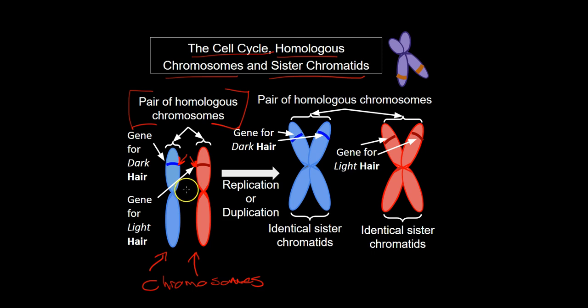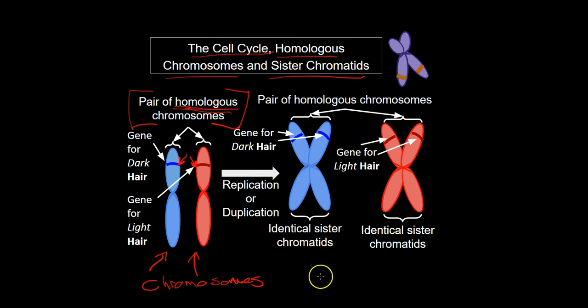That means different genetic options for that trait. So the general concept would be a trait like hair color, and the specific alleles, the specific genes that we're dealing with, would be maybe dark hair from one parent and light hair from another parent. Those would make these two chromosomes homologous chromosomes. That means they're going to be coding for the same things, but that genetic information comes from different parents.